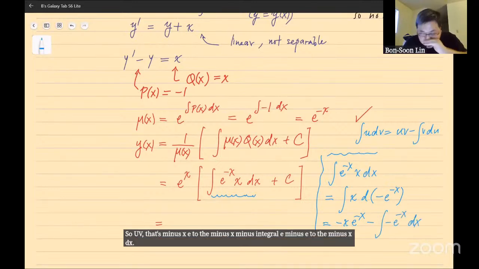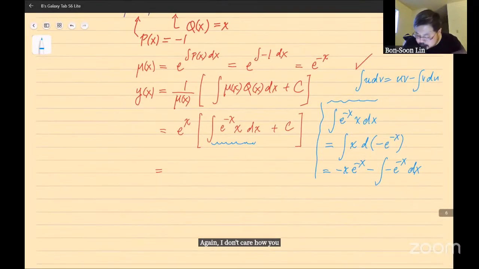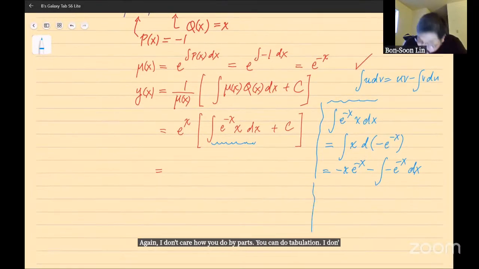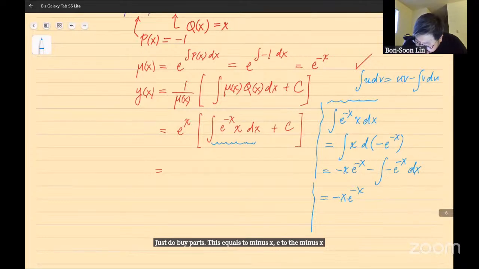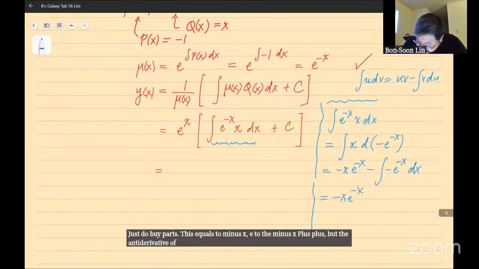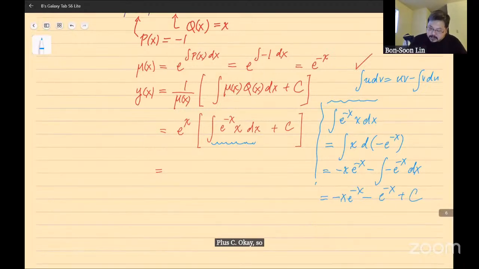Again, I don't care how you do by parts. You can do tabulation. I don't know what you learned. Just do by parts. This equals minus x e to the minus x plus, but the antiderivative of e to the minus x gives you another minus sign. So that's minus e to the minus x plus c. Okay, so that's the final result of this by parts.